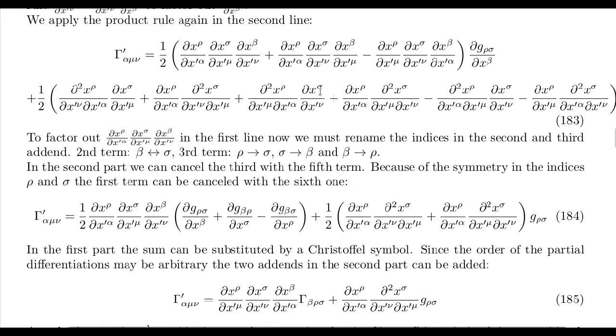And then we have a symmetry in the indices rho and sigma here in the first and in the last term. Then we have the same terms, so we can cancel them out as well. And so we have only two terms here in the second part of the equation here, 184.